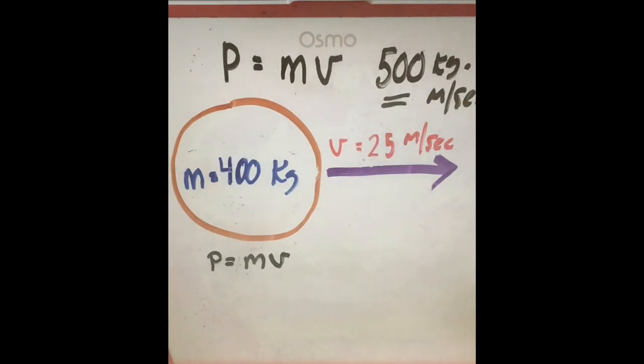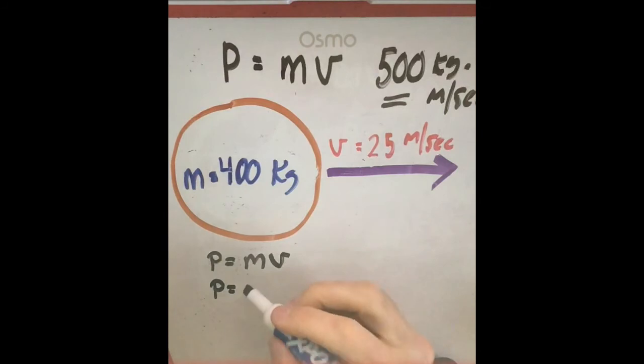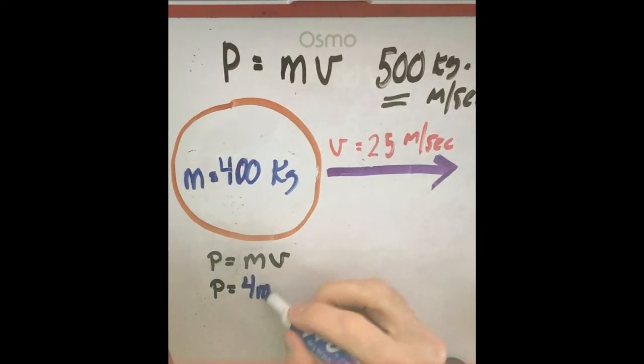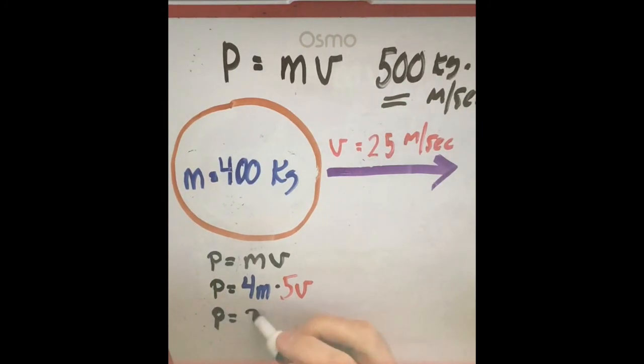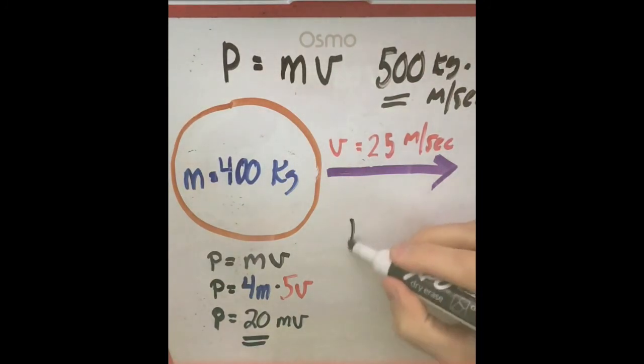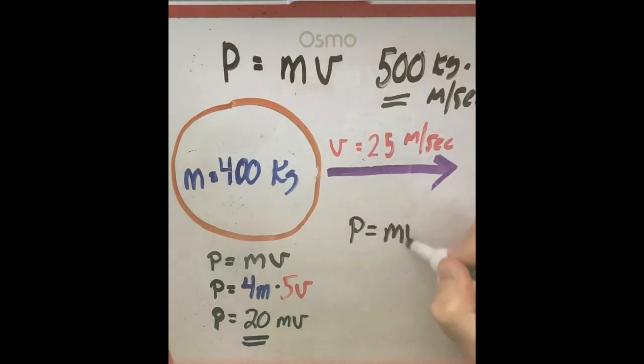Now, what we have done is increased the mass by 4 times, and we have increased the velocity by 5 times. So 4 times 5 is 20. So we should have a momentum that is 20 times larger. Let's see if that follows.